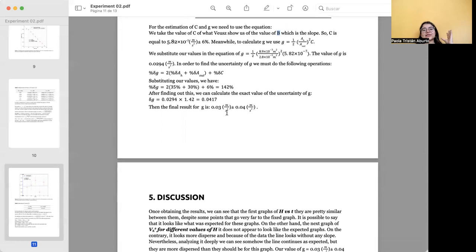Then we find out the exact value of the uncertainty, and we conclude that the value of G is 0.0 meters per second squared plus or minus 0.04 meters per second squared.